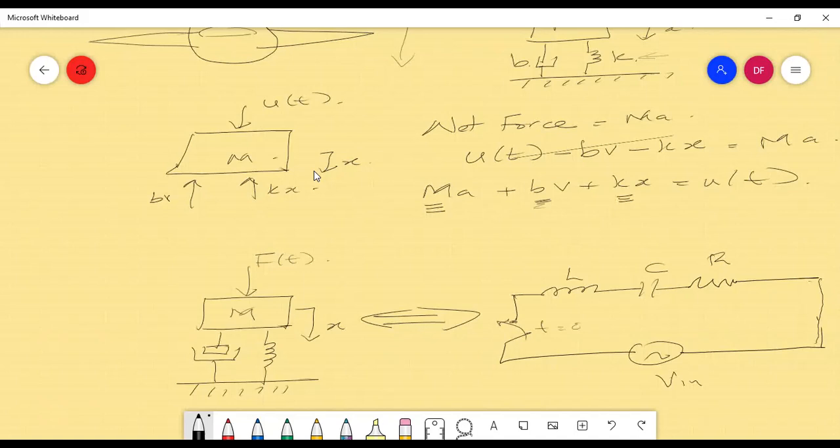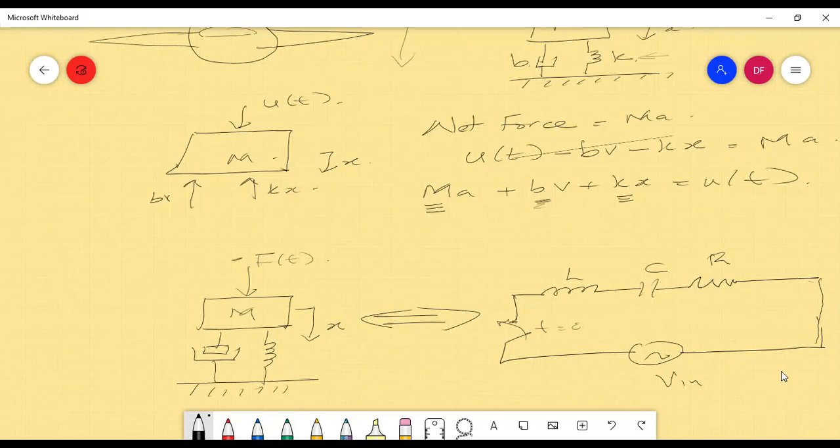They end up with the same second order differential equation, and the input voltage in this is equivalent to the force in this. So these two are the equivalent circuits whenever we are looking at any of our circuits.